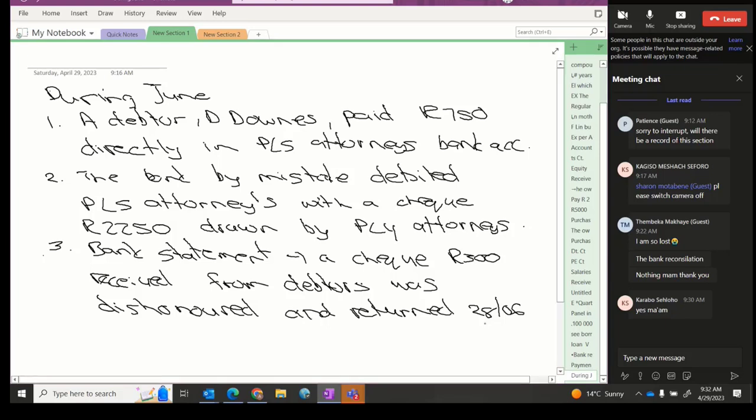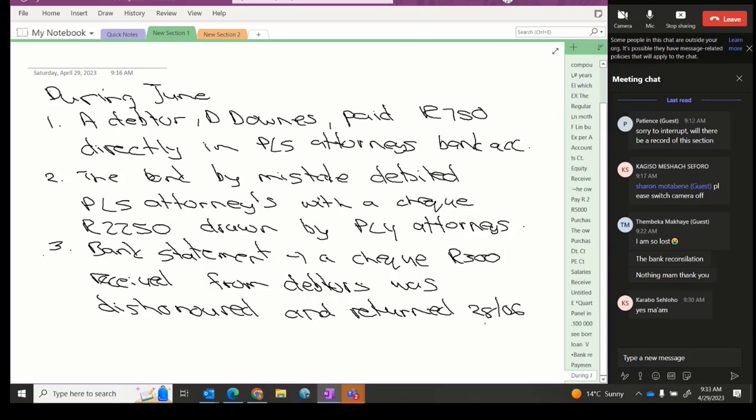But what it boils down to, maybe in fraud cases, it can still happen like that. Someone sent you a check or someone paid you and you received the 300 Rand from the debtors. But then the bank actually saw that that check, what they call dishonor, it's like the check bounced.